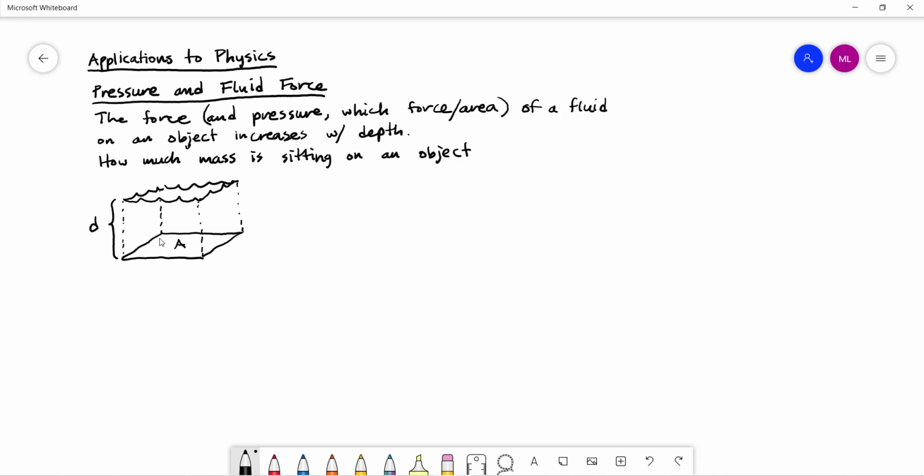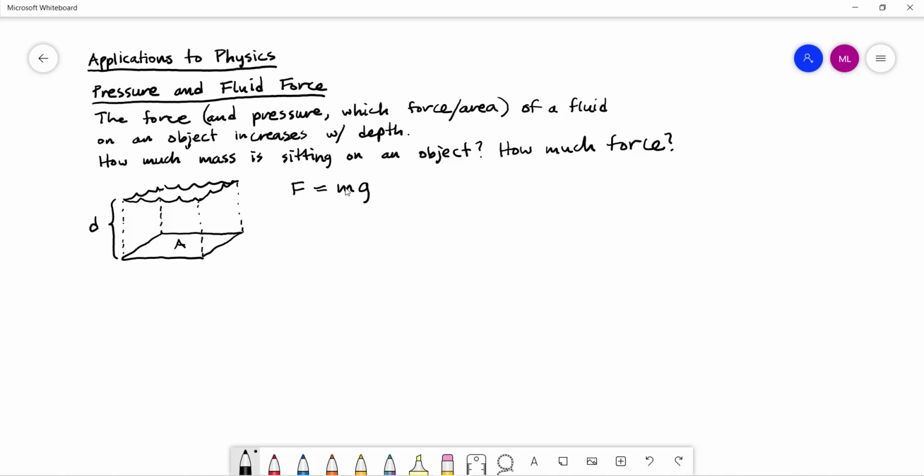And we can figure out how much force this water is exerting by figuring out how much mass is sitting on the object, and then how much force. So we can figure it out by using our standard equations. In this case, the force is going to be the mass times gravity.